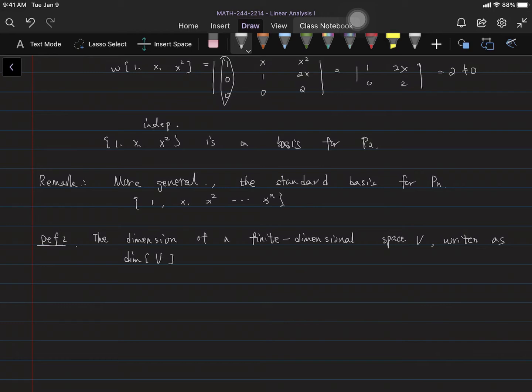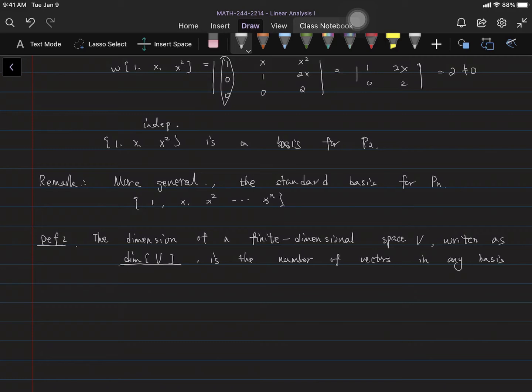Okay, this is the notation for the dimension, and it is the number of vectors in any basis.